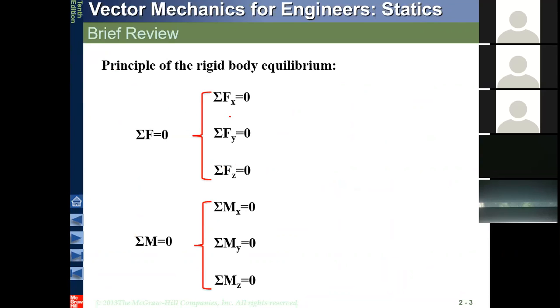In 3-dimensional case, for a body to be in static case or in equilibrium, the forces along x direction, y direction, and z direction should sum to 0. So you generally have sigma F equal to 0, which is in a vector form, but if you expand it in its components, then you're going to have 3 equations.